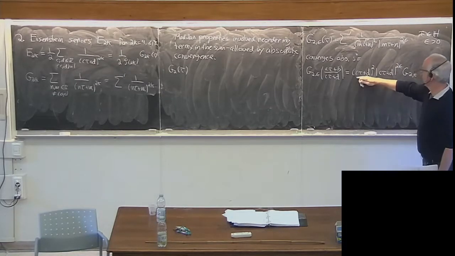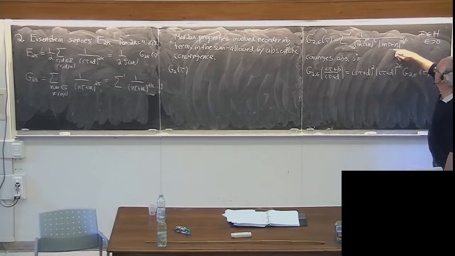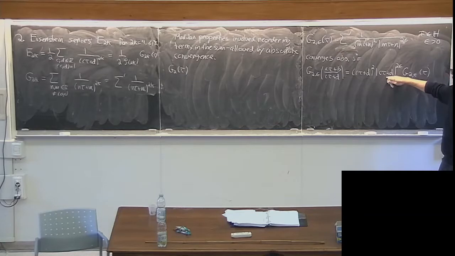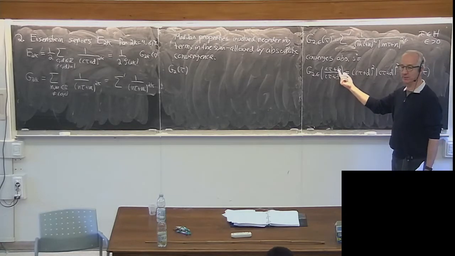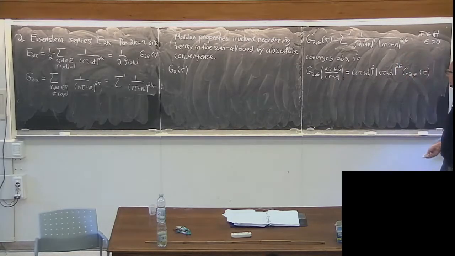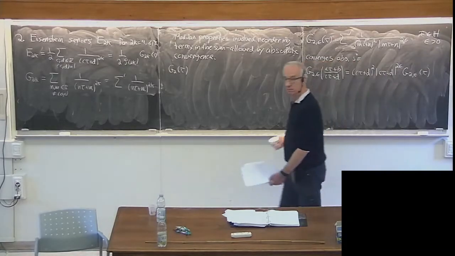So this would be a weight 2 part, but because I've put the absolute value of m tau plus n here, you get a factor that involves the absolute value of c tau plus d. That follows by doing it for tau goes to tau plus 1 and tau goes to minus 1 over tau, which generate SL2Z. Do it for those two cases by the reordering we did, and you'll find that this is what you get.